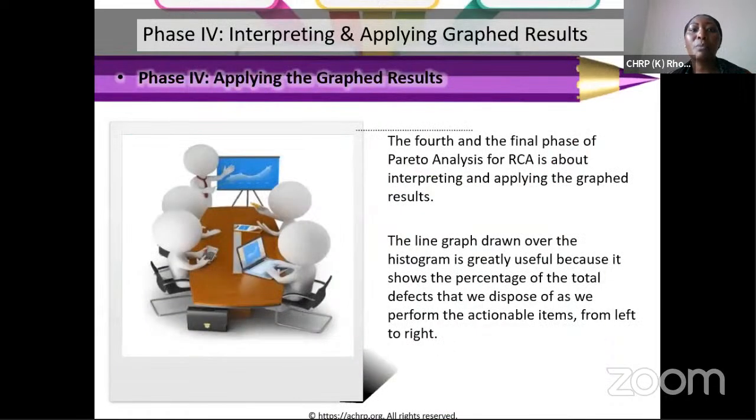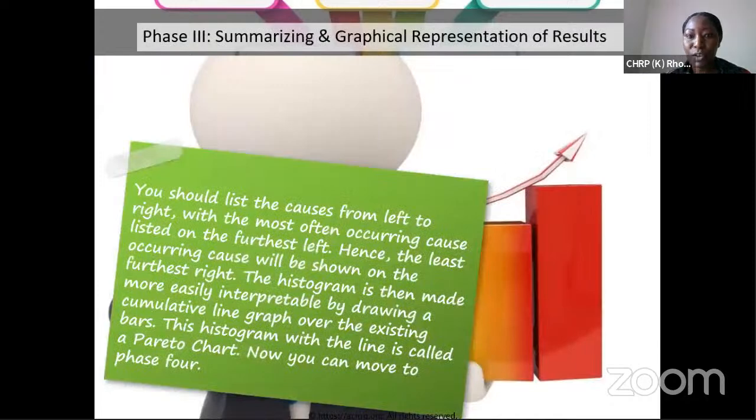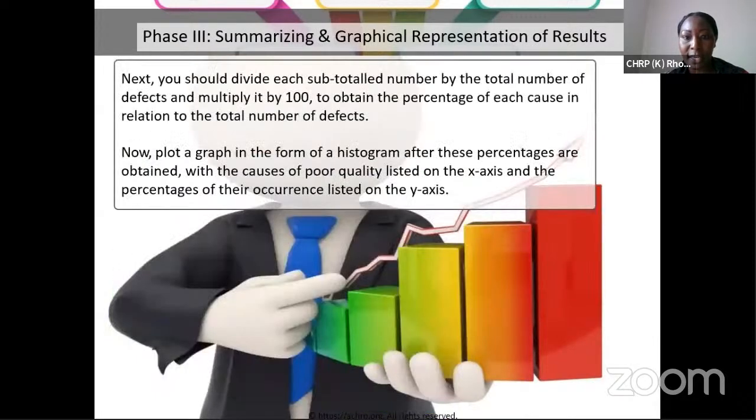Then finally, we move to interpreting and application, which I had explained. So when you're coming to interpretation and applying the graphed results, we say the line graph drawn over the histogram, you can see the line that is drawn up here, like in this example. That's a good example.